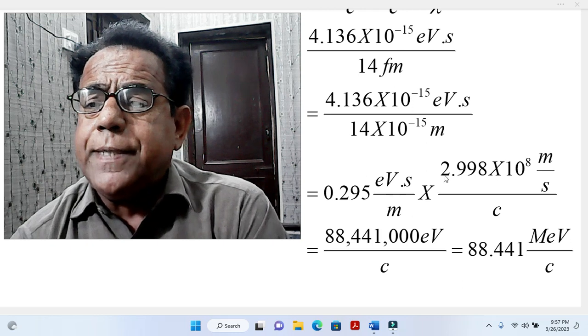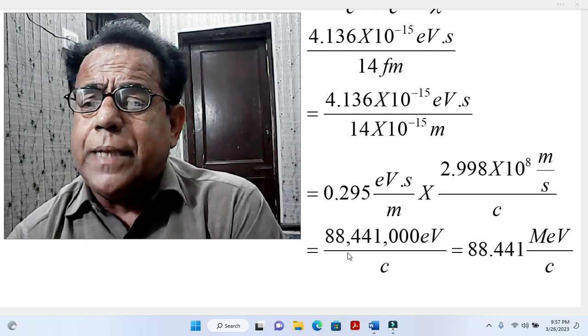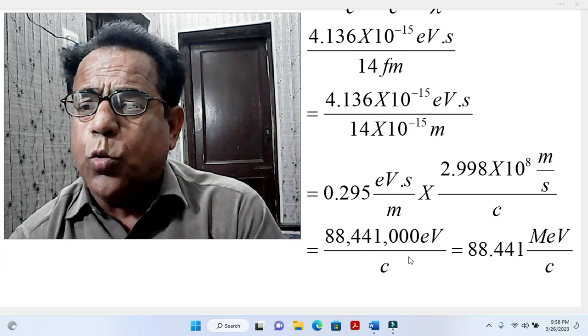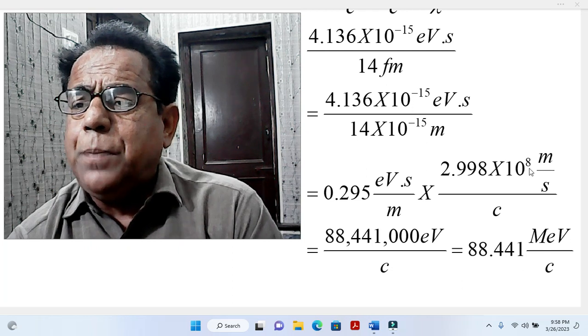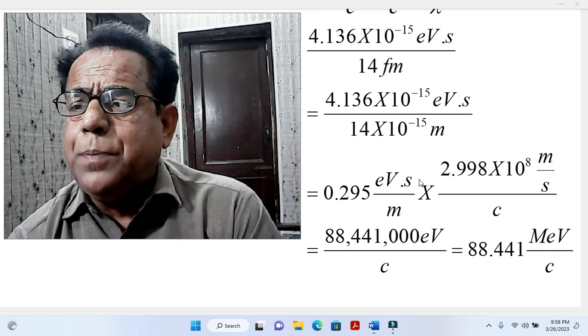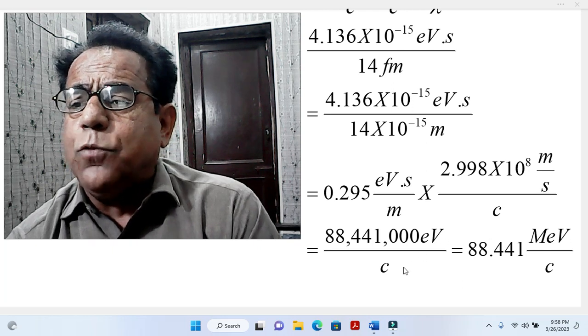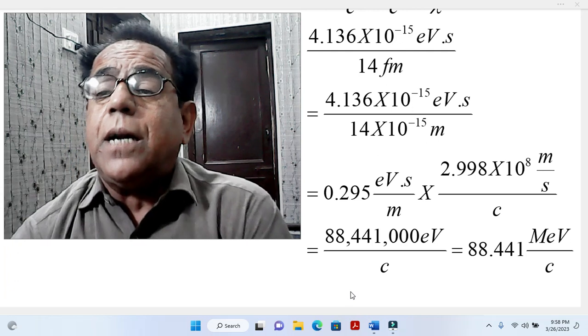So after simplification, it will take the form 88441000 electron volt over c, because here meter will be cancelled out with meter, second will be cancelled out with second, and we will be left with electron volt over the speed of light c, electron volt over c.